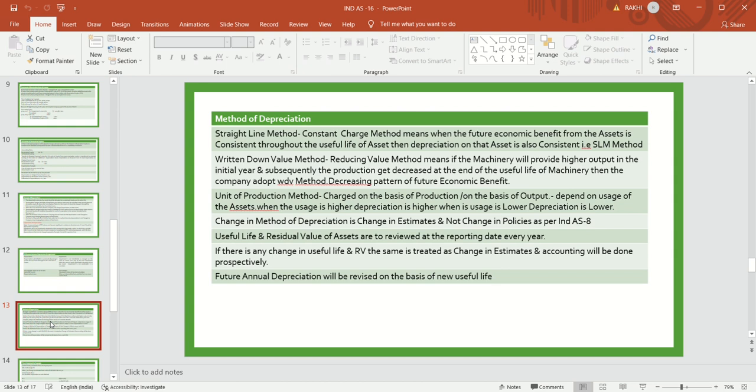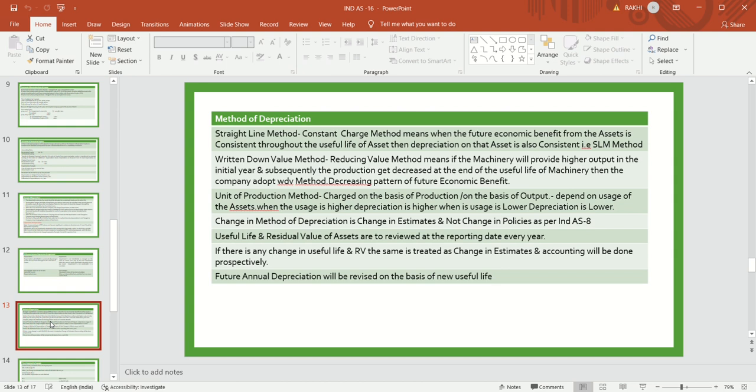For that kind of asset, the company uses WDV, the reducing value method. Means if the machinery provides higher output in the initial years and subsequently the production decreases towards the end of its useful life, then the company adopts the WDV, written down value method, which is a decreasing pattern of future economic benefit. So the company adopts the WDV method.